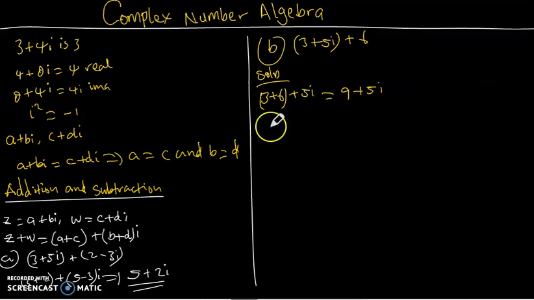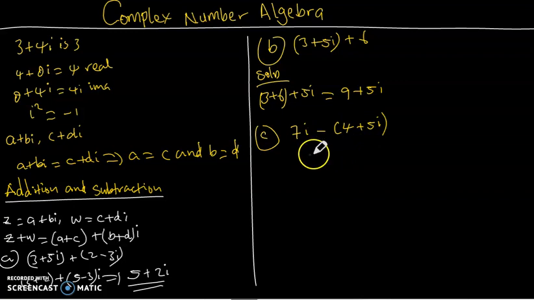And maybe we can do one more. Let's say you are given 7i minus, let's say you have 4 plus 5i. So you simply add the real or the imaginary. In this case, we have two imaginary and then we have one real.